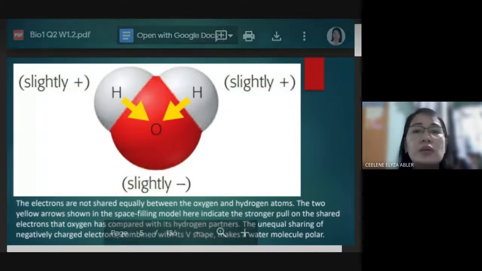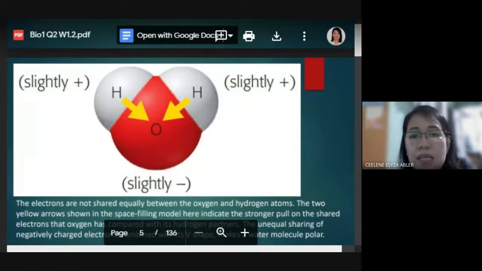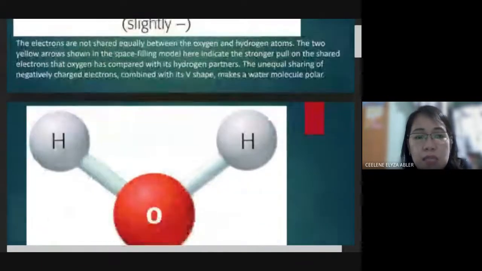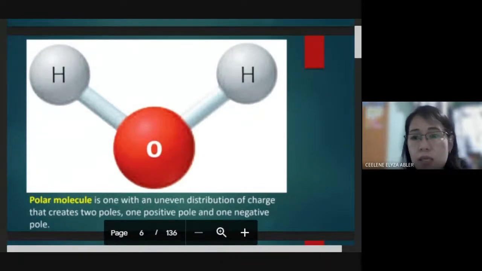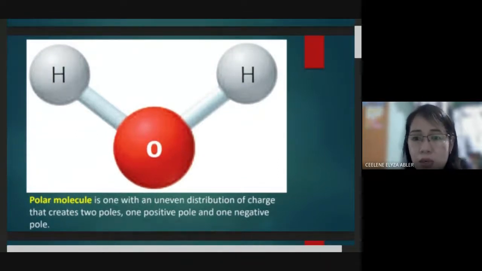Okay? So, most of the time class, meron din tayo yung tinatawag natin na bonds between your substances. Like, meron tayo yung polar na molecule like this one, yung sa water na hindi equal yung pagkakabigay-bigay.